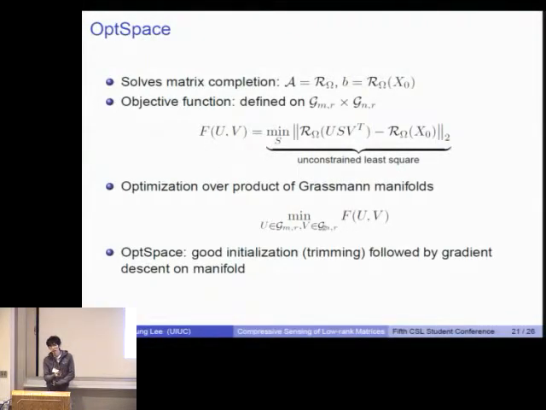It can be solved efficiently, and we can even compute the gradient of F(U,V) over the Grassmann manifold. Then they did optimization over Grassmann manifolds, and the algorithm consists of two steps. First, guess a good initialization and do gradient descent search on the Grassmann manifold.